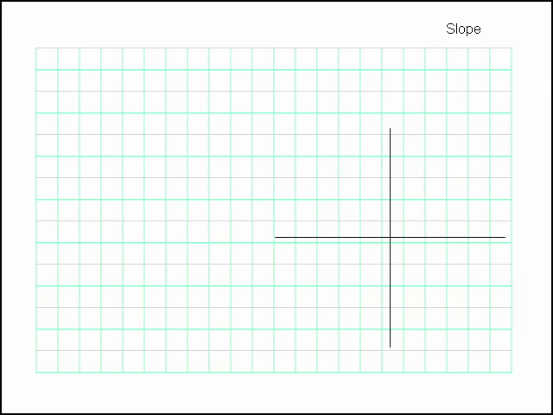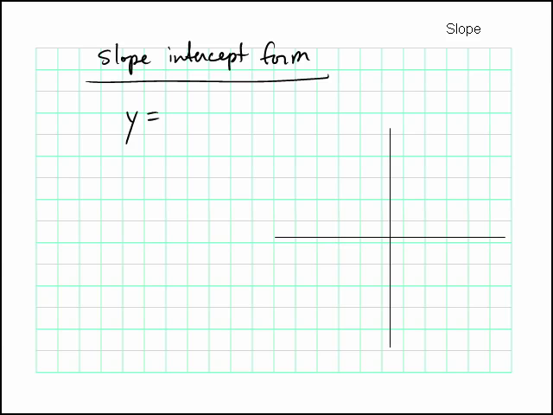Now, if you take an equation, a linear equation, and you solve it for y, you get what's called slope-intercept form. Y equals mx plus b.